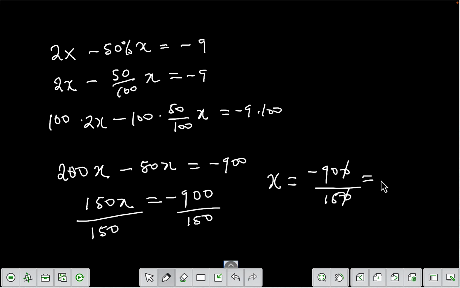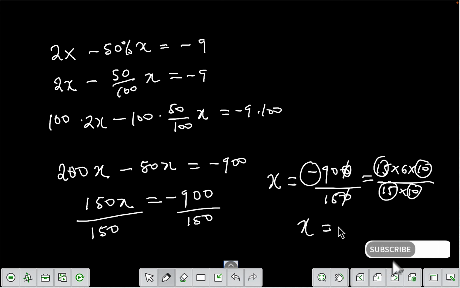So this could have been expressed as 15 times 6 times 10, that is the 900, and this can be expressed as 15 times 10. So here 10 cancels 10, 15 cancels 15, and x will be equal to, don't forget the negative 6.